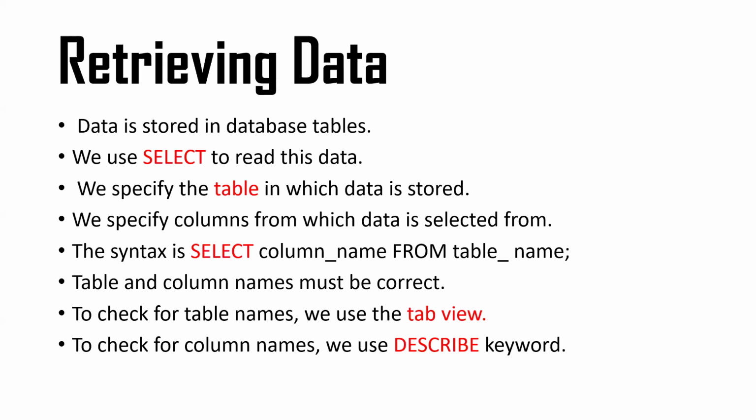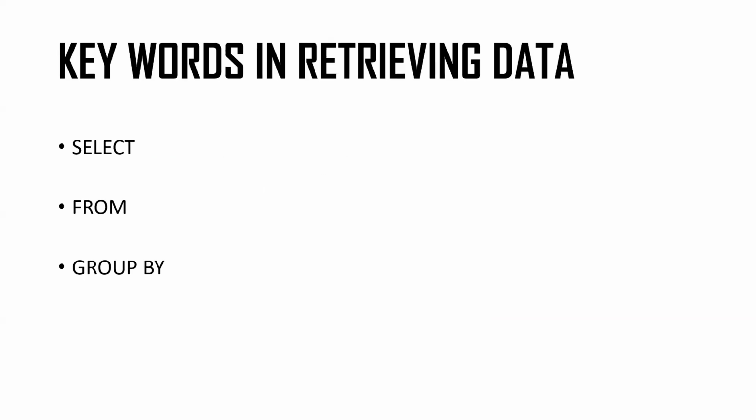And lastly, to check for column names, we use the describe keyword. That's whenever you want to describe the columns that are in a given table, we use the describe keyword, as we shall see briefly. So we say that these are the keywords: select, from, group by.